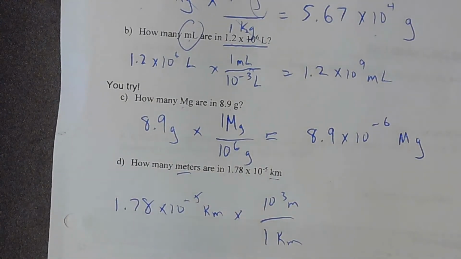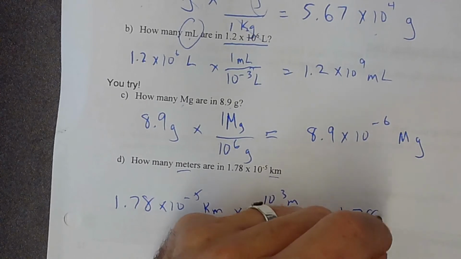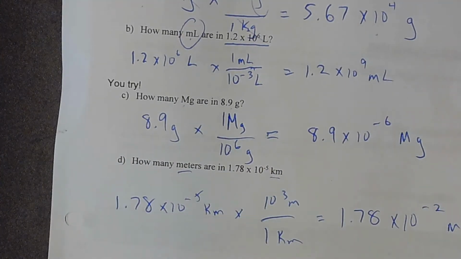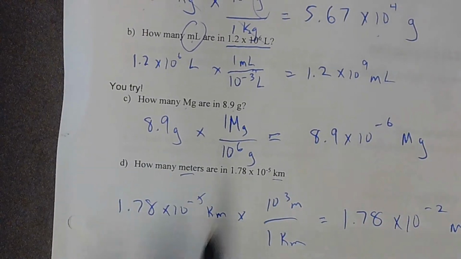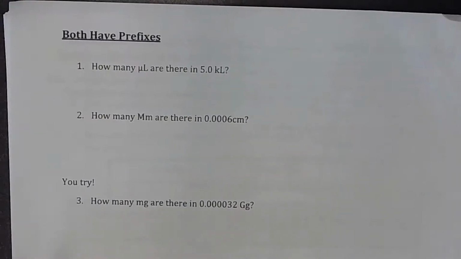Put it in our calculator, we get 1.78 times 10 to the negative 2. Check it: kilometers cancel, we have meters on top, that's what we're looking for, and our conversion factors are correct as well. So that's whole numbers. Let's go on to the next ones.